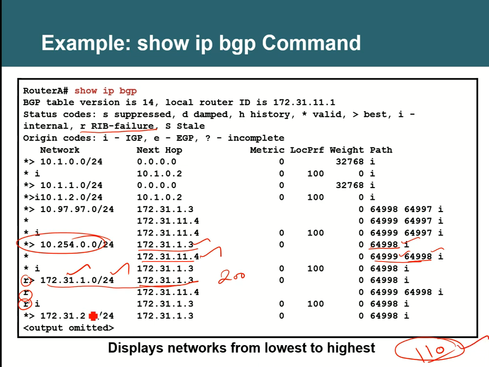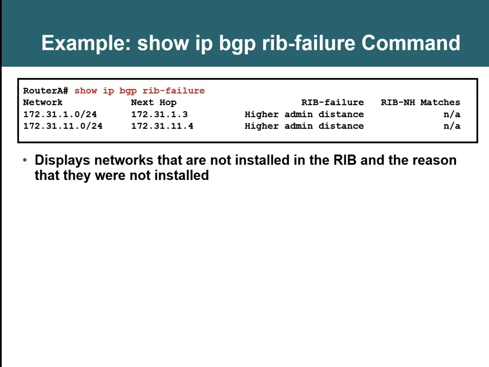I repeat, if this network, which is given by BGP, is also given by OSPF, router A will not use BGP's given route, it will use OSPF's given route. Why? Because the lower administrative distance is preferred by the routing information base.